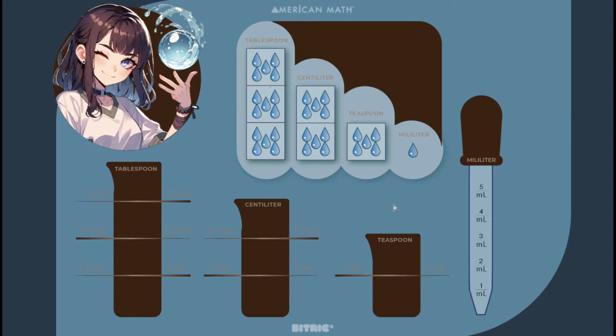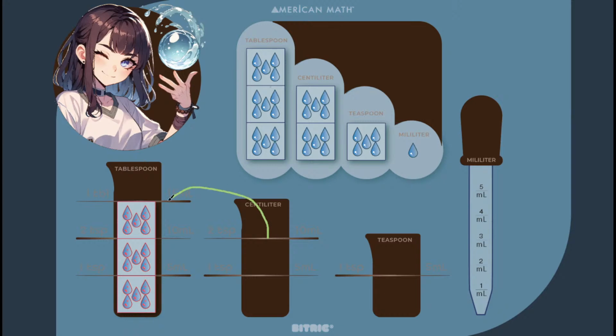Same thing goes, for example, if we have a centiliter and a teaspoon. This process works for every container as it starts to get full. Because this centiliters area is full and this teaspoon beaker is full, we're going to clear both of these groups and carry them into tablespoons. We're just pouring each of these beakers inside of tablespoons so that they have somewhere to fit.